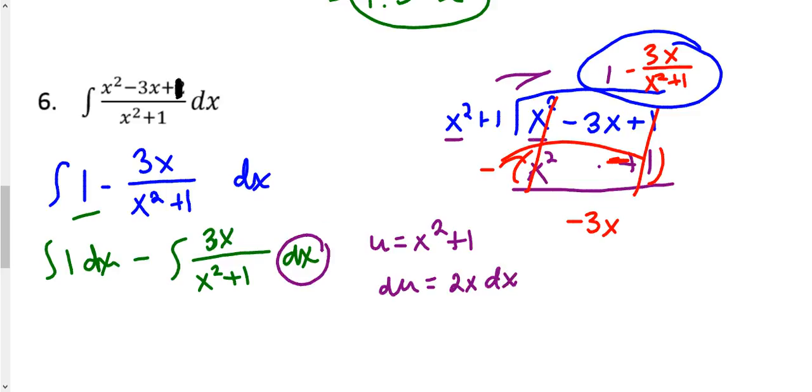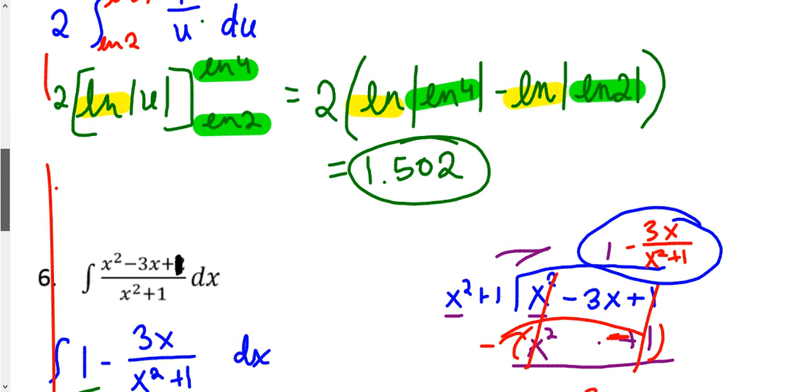We have a dx, we have an x, but we have a 3 instead of a 2. There's no way to get from a 3 to a 2 by multiplying by a whole number. So I'm just going to move the 3 out front because it's a number, so it doesn't matter. We do need a 2, so I need to put a 2 in, which also means I need to divide that 2 out.